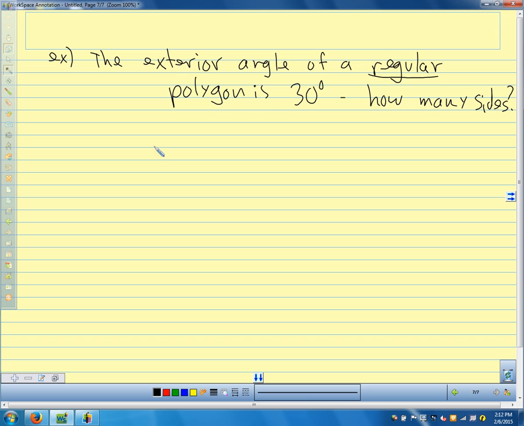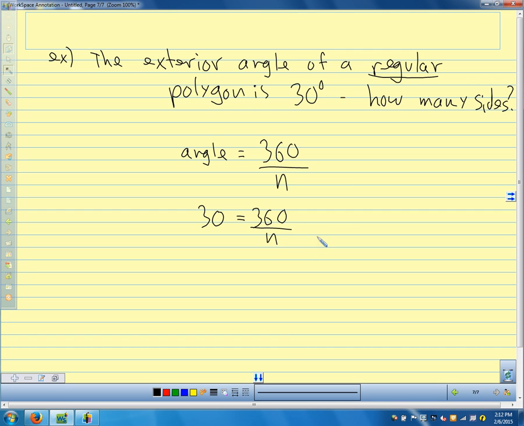Is that one of them or all of them? One. The means one. So for a regular polygon, what was our formula for one exterior angle? Angle equals 360 divided by n. They're all together 360, divided by n. Then we have the angle. 30 equals 360 divided by n.